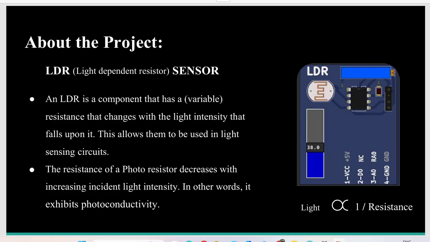In other words, it exhibits photoconductivity. It is mainly used in my project to observe the light, and whenever the light falls on the device, it automatically turns on and tells that the light is coming and falling on the device.